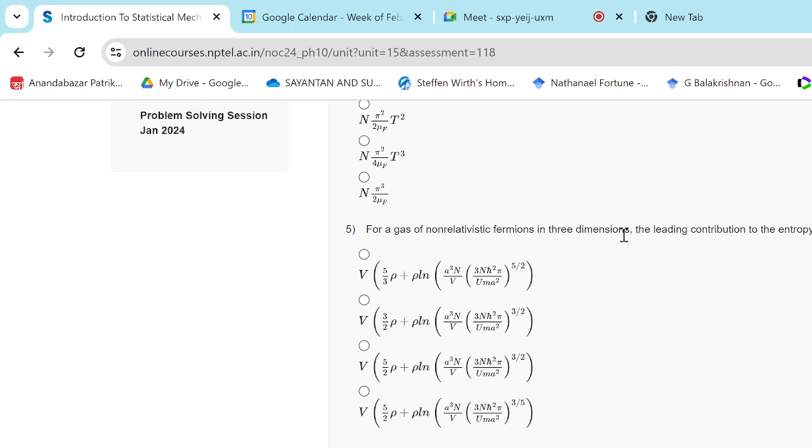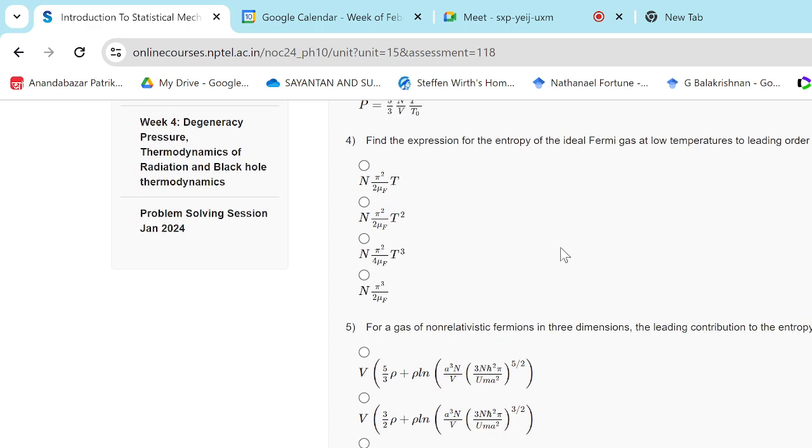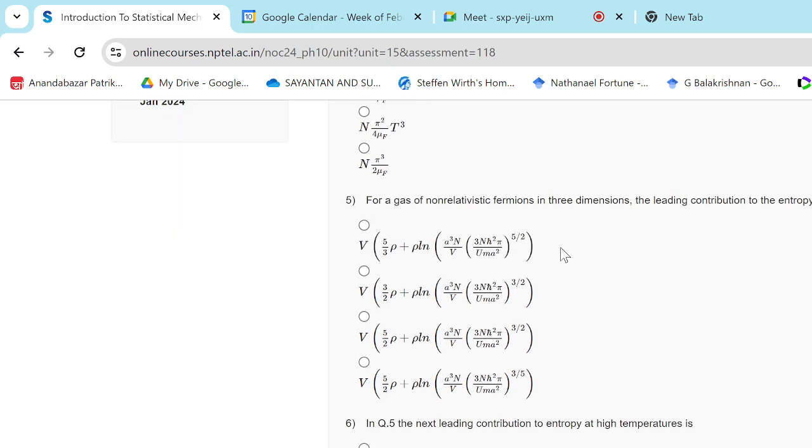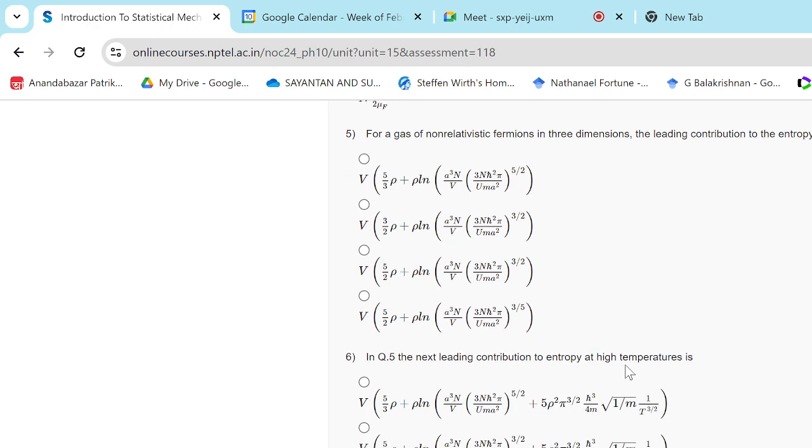And similarly for question number 5, this is for non-relativistic fermions again, that means a Fermi gas, in 3D, and here you have to use a high temperature limit and, up to leading order contribution, get the entropy. So if you get one of them done, you can do all the others, but they are very long derivations, pages after pages will be needed.